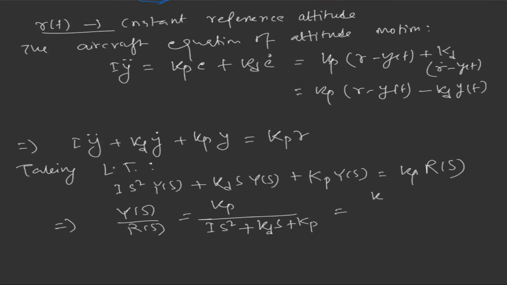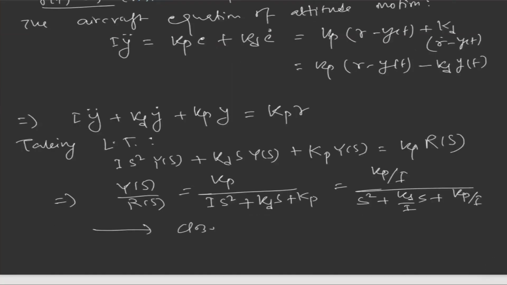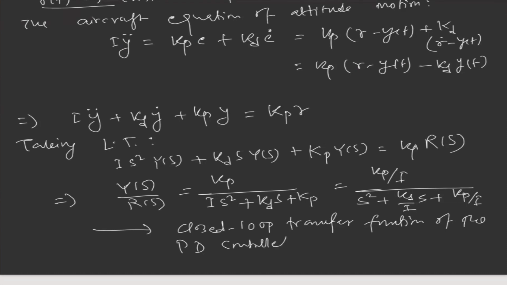Or, if we take I common from the denominator, we can write Kp divided by I, over s square plus Kd by I into s plus Kp by I. So this is the closed loop transfer function of the PD controlled attitude motion of the aircraft.